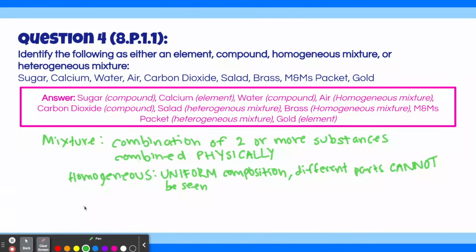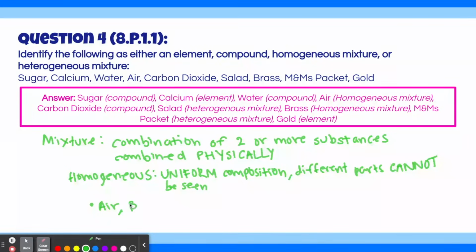So in this question, the homogeneous mixtures we have are air, which, if you studied earth science before, you may know that no matter what sample you take of air, it is always made up of 78% nitrogen, 21% oxygen, 1% argon, and then small percents of those trace gases. So you know that it's always the same ratio of those gases. That's what makes air a homogeneous mixture.